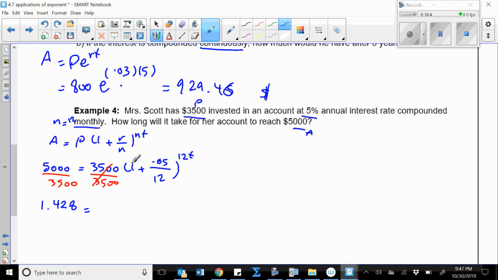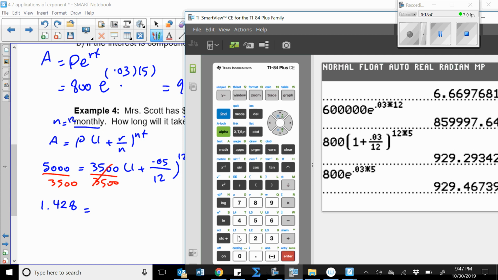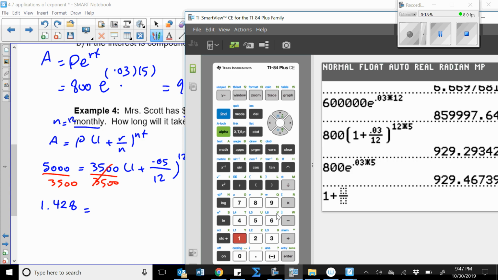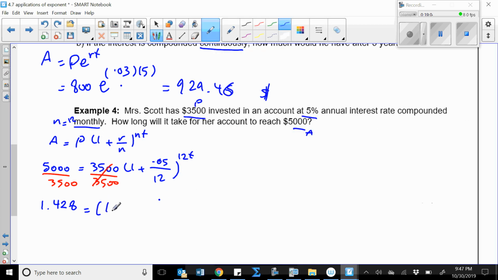And then I will find this part using my calculator. So it's 1 plus 0.05 divided by 12. It's 1.004. So this will be 1.004 to the power of 12t.